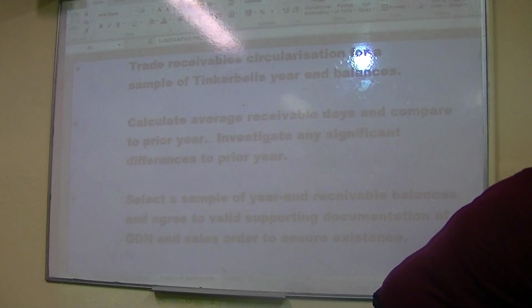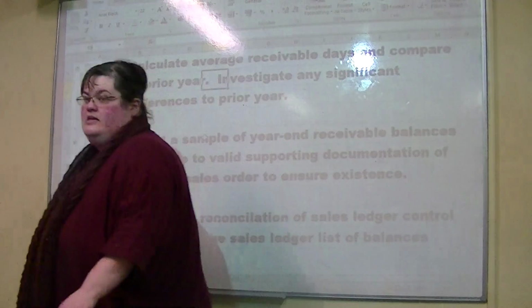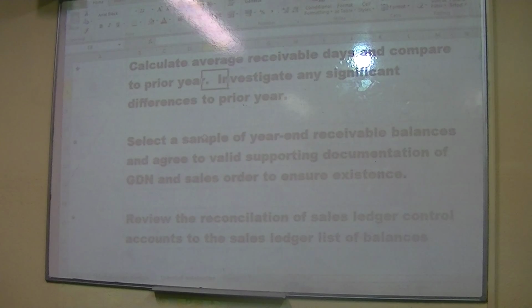The average receivable days compared to prior year. Look at your selection of the year-end receivables balance. Look at the board of management meetings to see if there are specific accounts in dispute. Have you debtors who are also on the credit balance? Look at your post year-end sales and cash flow, to see the amounts coming in.